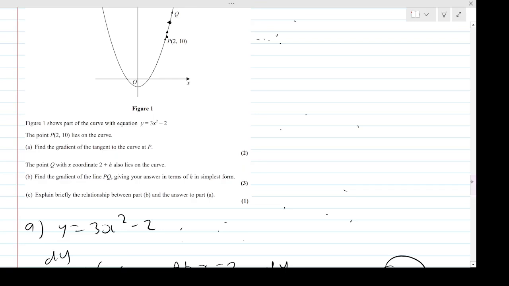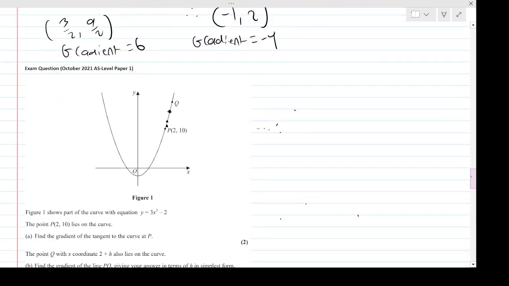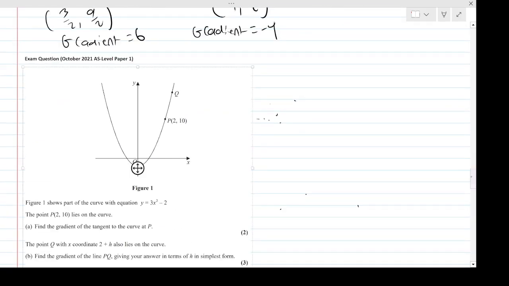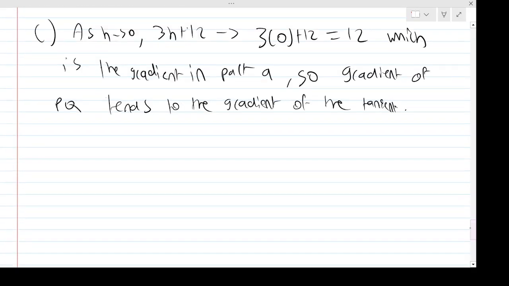And then the idea in part B is that as we move Q closer and closer to P, such that the gap between P and Q, that gap h, diminishes to 0, P and Q are basically next to each other. So the gradient from P to Q basically matches the gradient of the tangent, which is the actual gradient that we're interested in. So that's the whole idea, right? So h is pushed to 0, we get the proper gradient, okay?